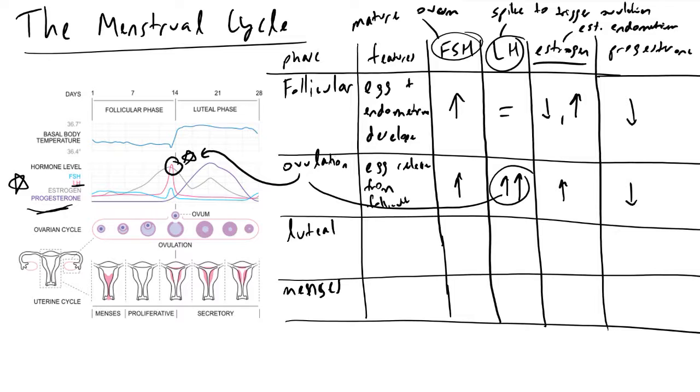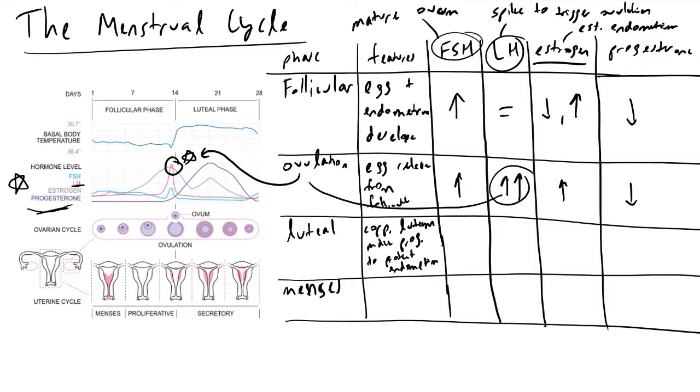And then in the luteal phase, the key thing that will happen is the corpus luteum will make progesterone to protect the endometrium.